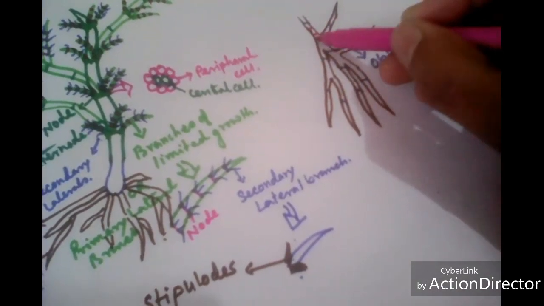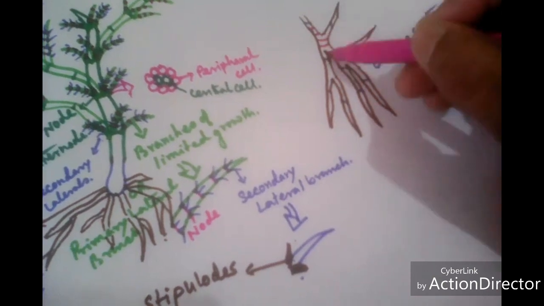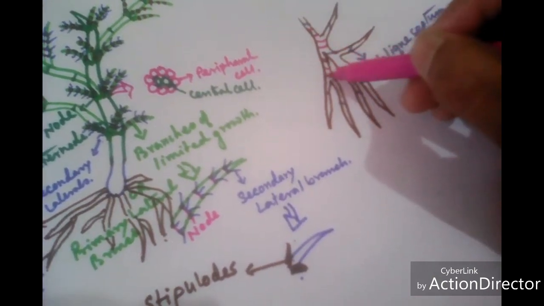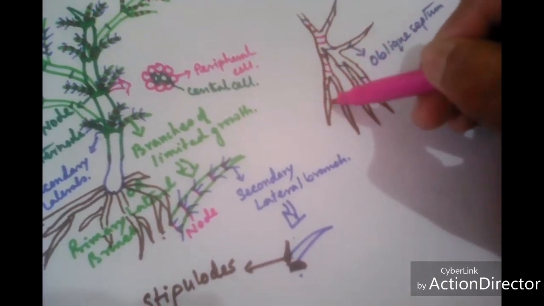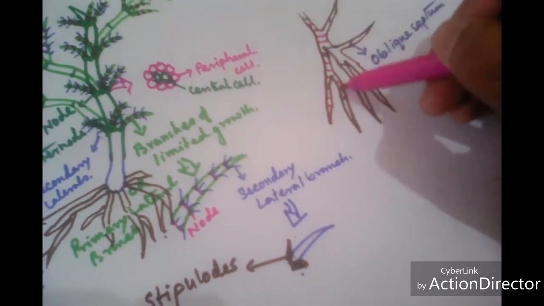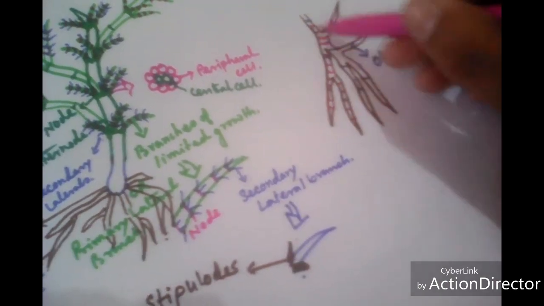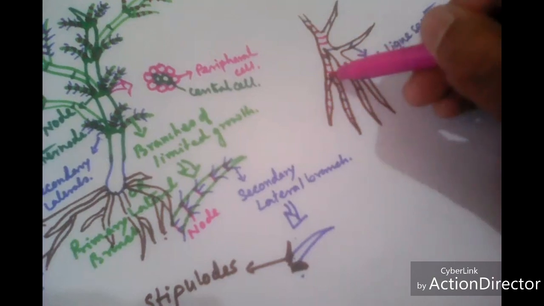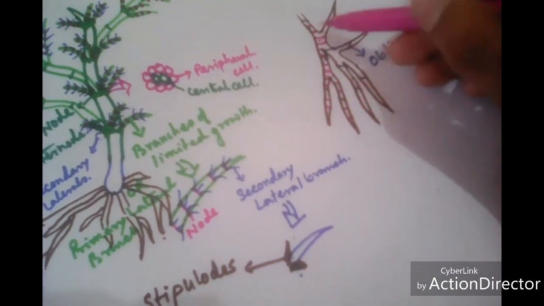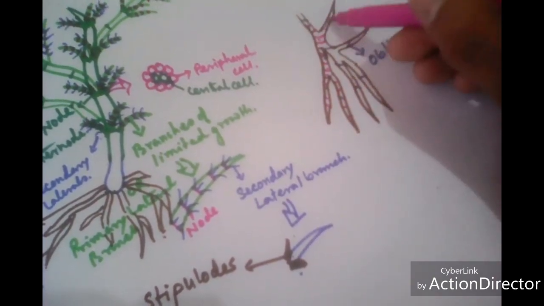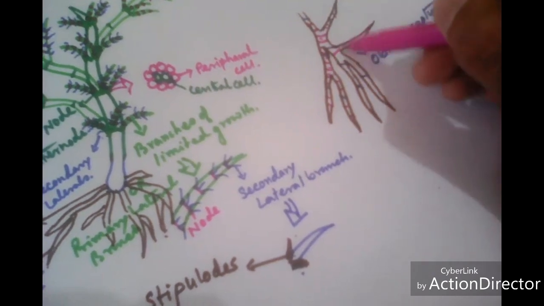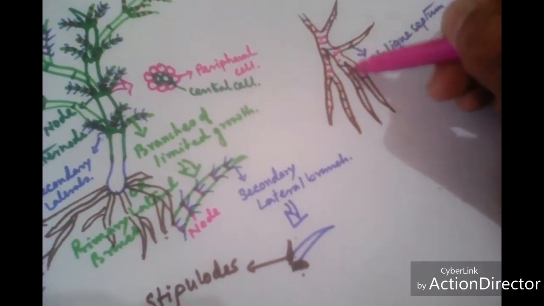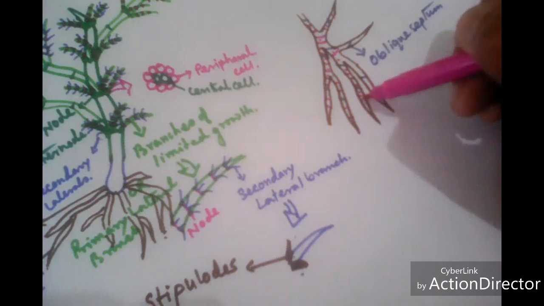Multicellular means many cells are present in a single row, unlike unicellular.